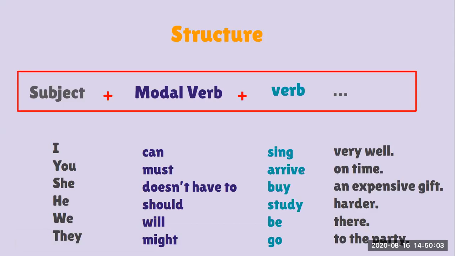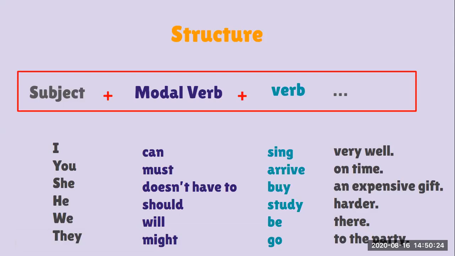So we don't need to change buy for buys, right? So the verb is in the base form. We don't need ing, and we don't need an s for the verb in the third person. Okay, so this is very important when you are using the modal verbs.